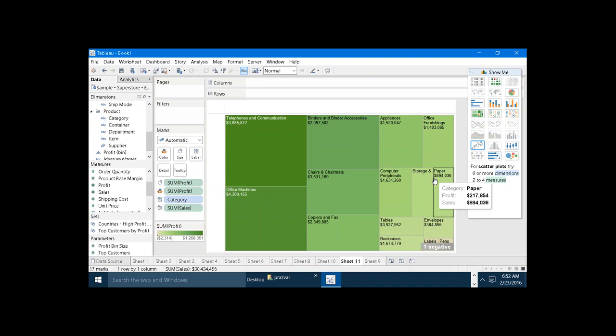Another advantage is that if you want to display a large amount of information in a smaller area, then we have to go for this chart.